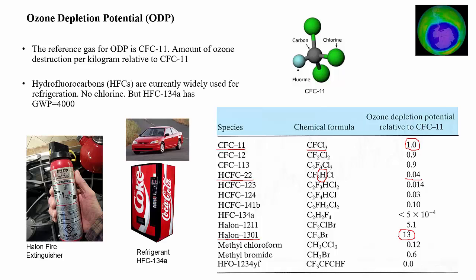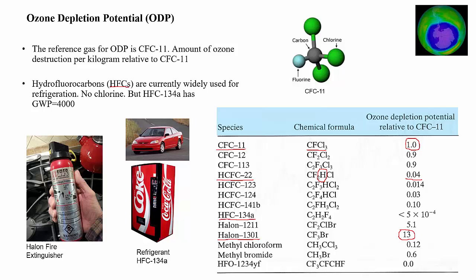The next generation of refrigerants which we're currently using are hydrofluorocarbons, or HFCs. A common one is HFC 134A. These are currently in very widespread use. The Coke machine down the hall likely uses R134A, an HFC.